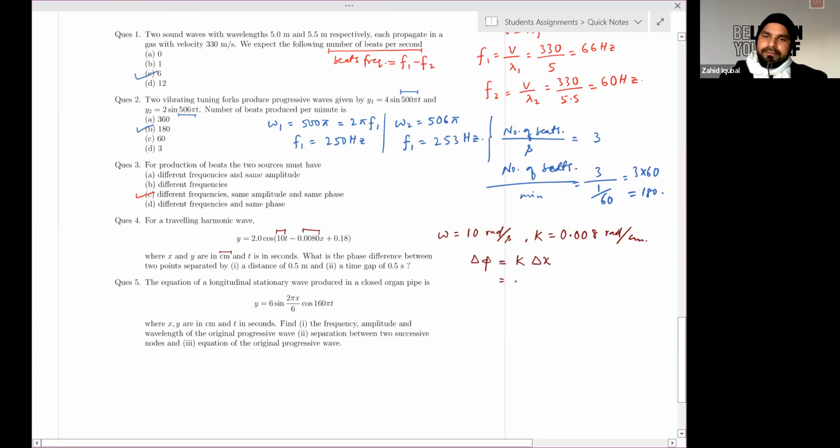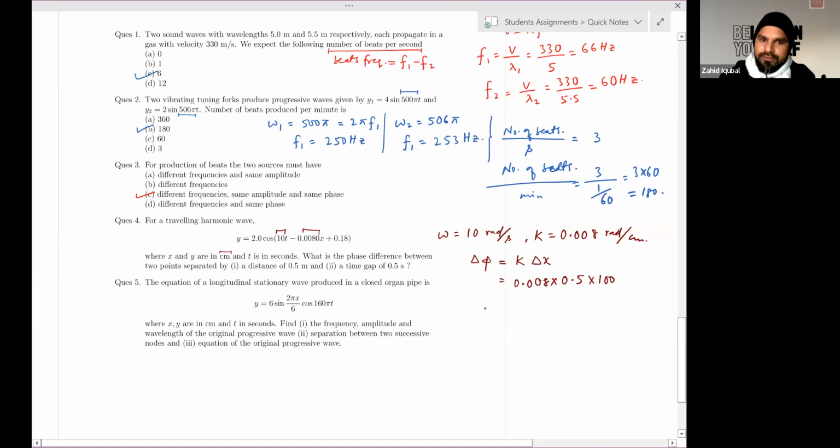K we have 0.008 and delta x we have 0.5 in meter. So just multiply it by 100 to convert into centimeter so that these two quantities will have the same unit. Just simplify it, you'll get your answer. Rehab, is it clear? Yes, sir.